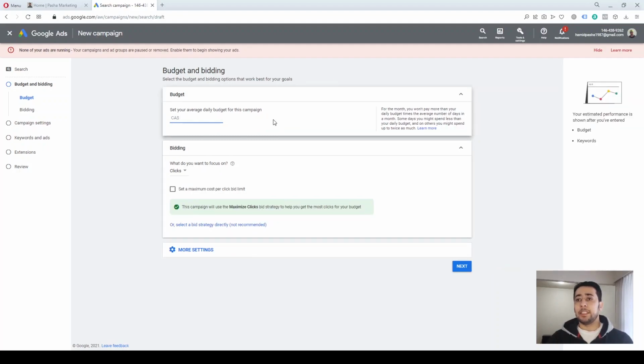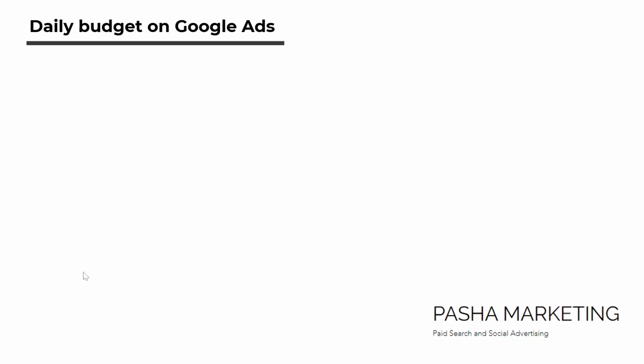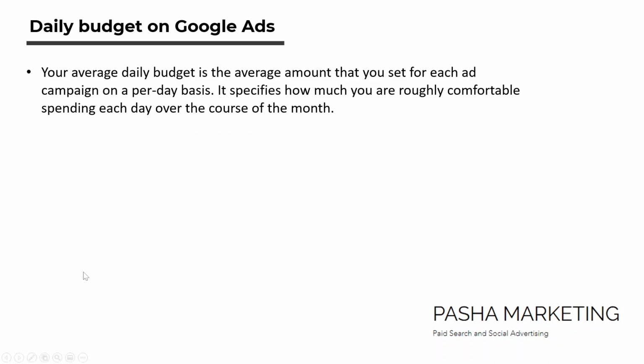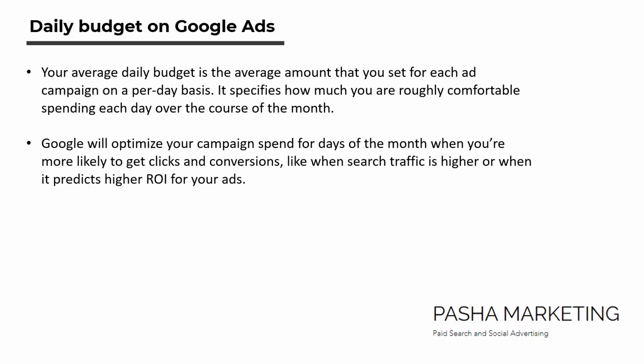Budget is the average daily budget that you want to spend for your campaign. Your average daily budget is the average amount that you set for your ad campaign on a per day basis. It specifies how much you are roughly comfortable spending each day over the course of the month.